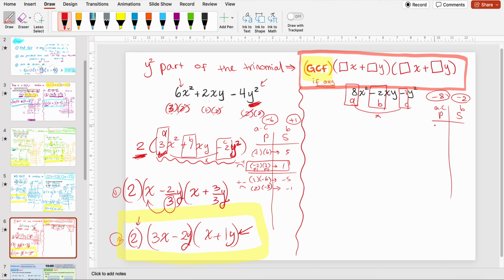What are the factors of -8? 1 times -8, 1 times 8, sorry, one of them negative. 2 times 4, one of them negative, or the other one. Combine: maybe first one is negative or second one is negative.